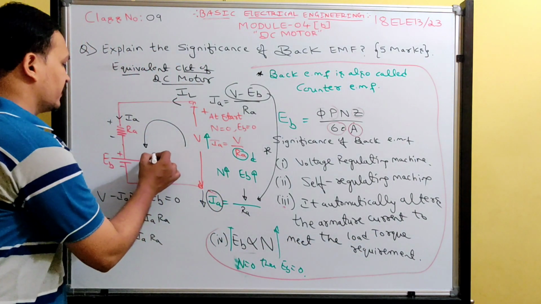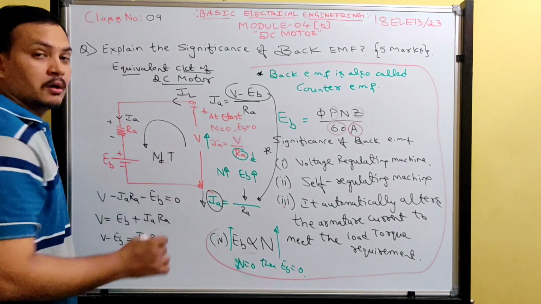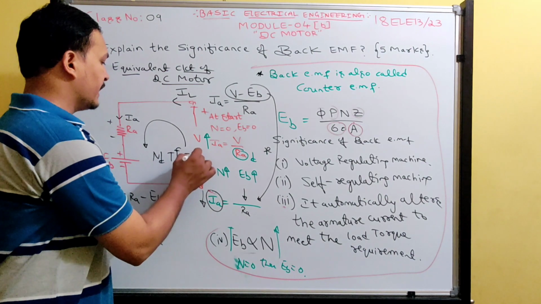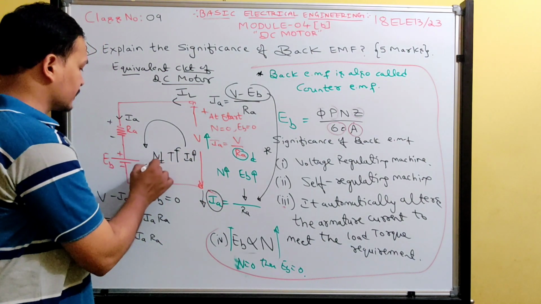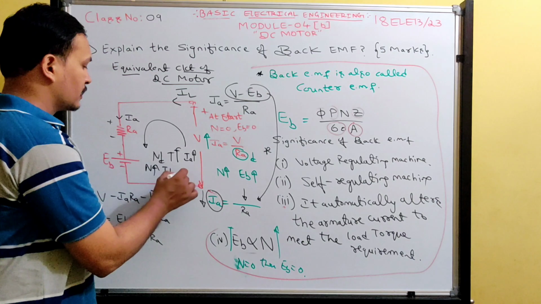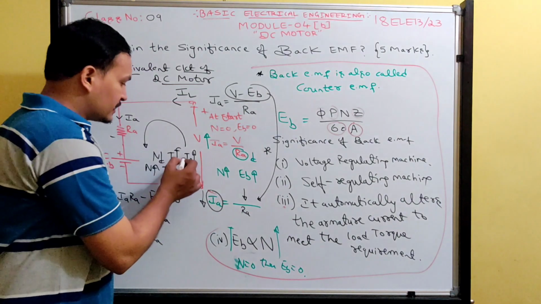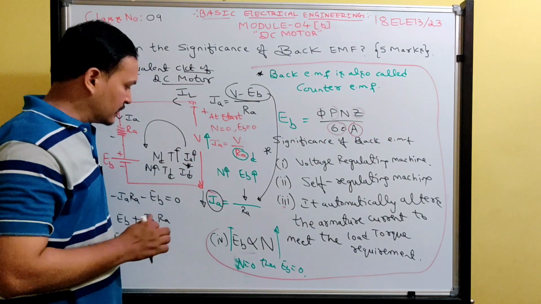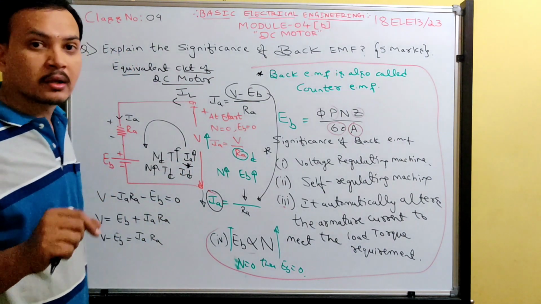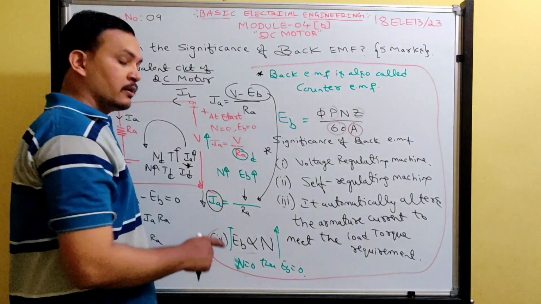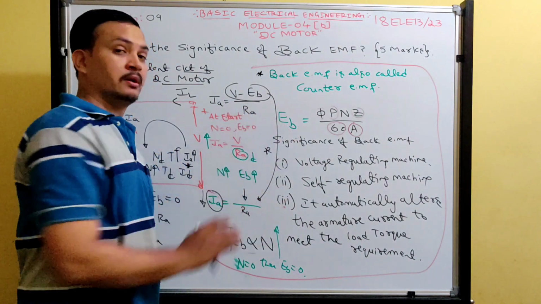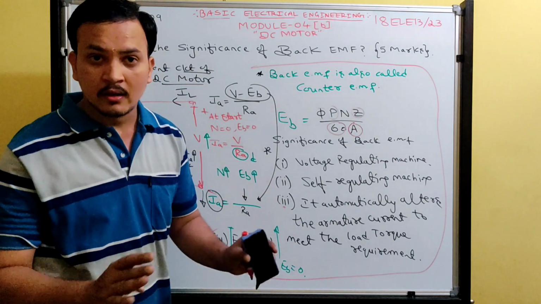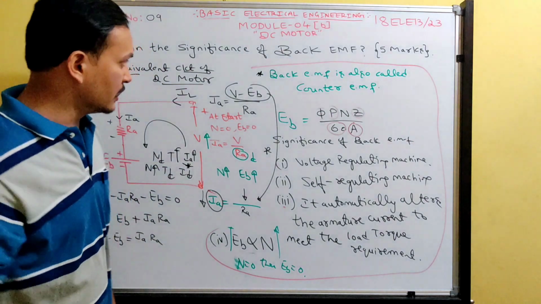If speed decreases, torque of the machine increases, and if torque increases, current also increases. Again, if speed increases, torque decreases, then current also decreases. So this armature current will keep altering automatically to meet the load torque requirement. This back EMF will take care to operate the motor in a desirable and safer way.